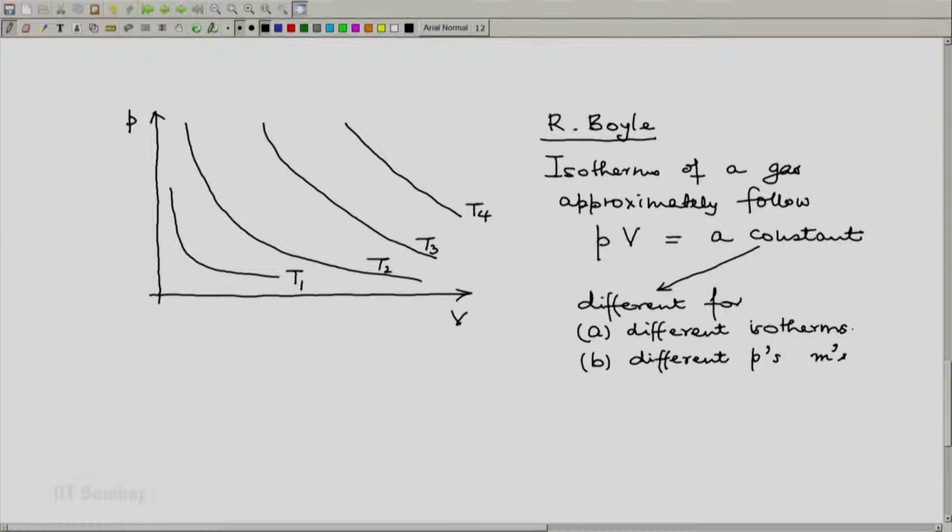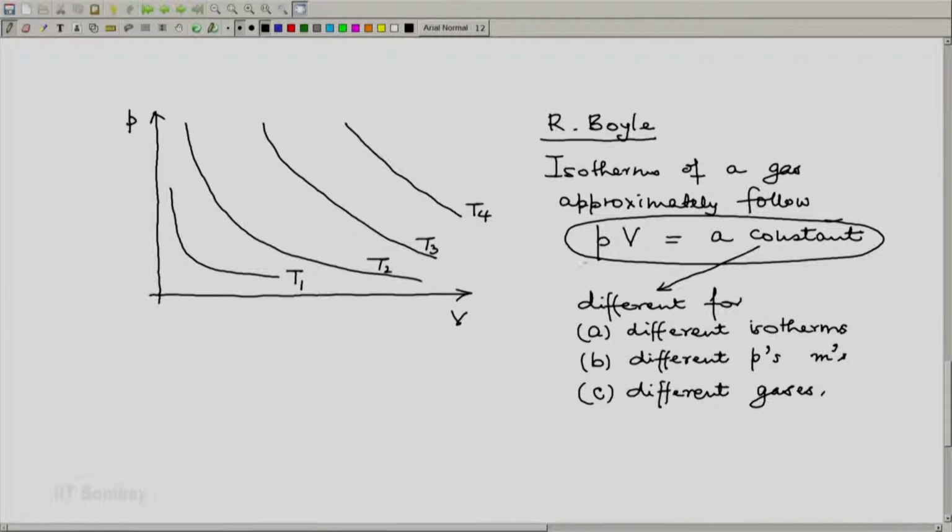For the same volume, if you increase the pressure, you are increasing the mass of the gas in our system. And it also depends on which gas. And he discovered that this approximation becomes better as we reduce the pressure.